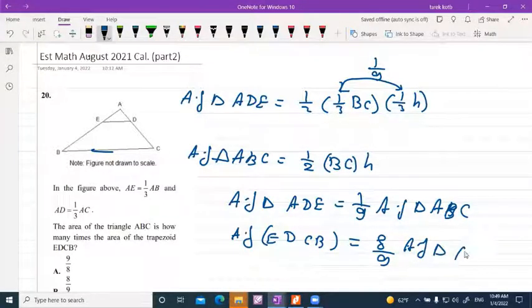So the area of the triangle is how many of the trapezium? You have to flip the 8/9 to be 9/8. So the area of the triangle ABC equals 9/8 area of the trapezium.